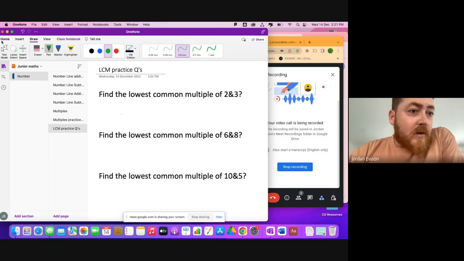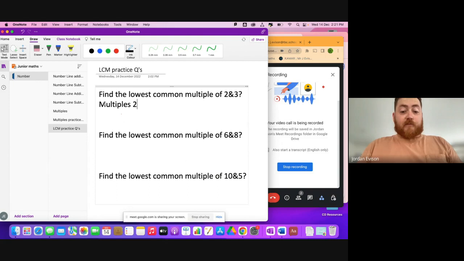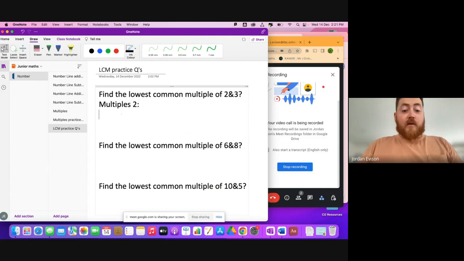Looking at this, first of all, we need to figure out the multiples of 2. Then we will figure out the multiples of 3.